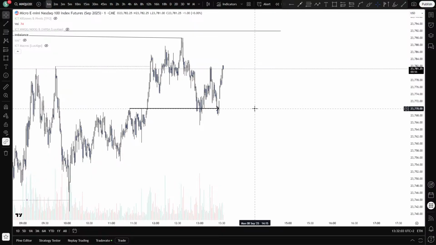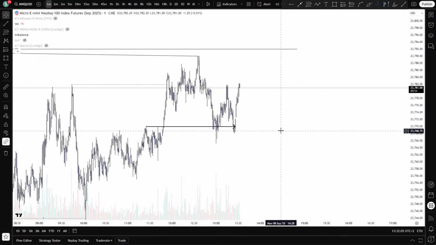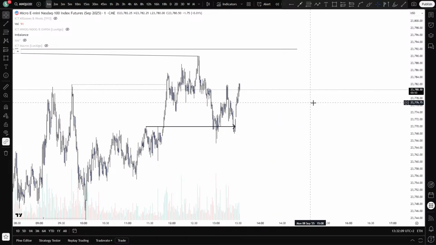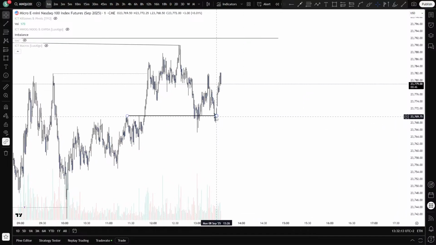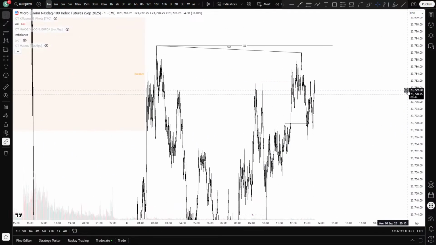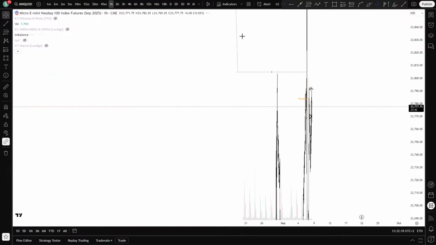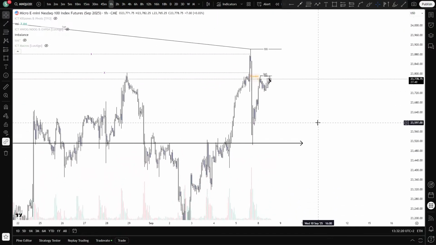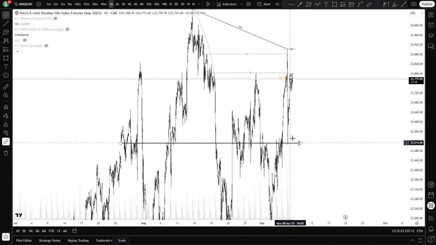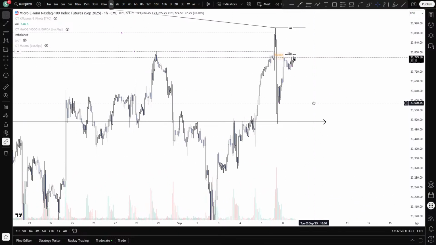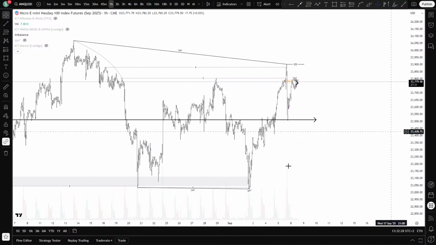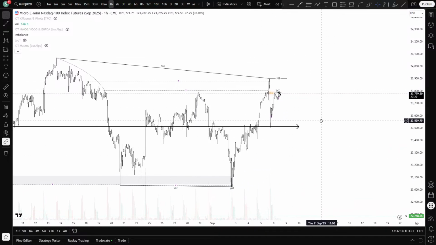Well, let's start with looking at Nasdaq. If you haven't watched the video that I put out this morning, I'm gonna keep it brief right here, because if you really want the in-depth analysis, go watch the video of this morning. But one thing I want to point out, we got a dump on Friday to take out all the liquidity that we left behind the whole week last week.